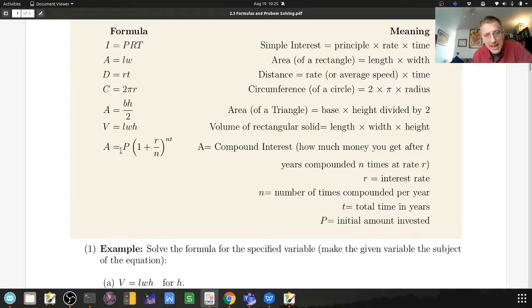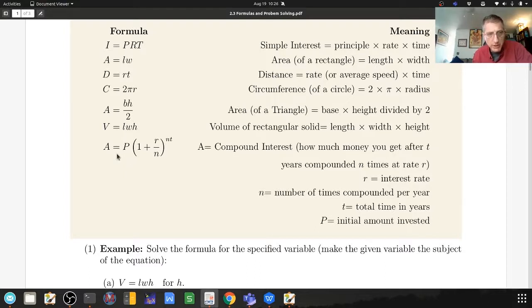It's just A is equal to P times, in parentheses, 1 plus R divided by N. So this is the base, what's in parentheses, raised to the exponent N times T. N is the number of times compounded per year, and T is the total time in years. So you should be familiar with many of these already.